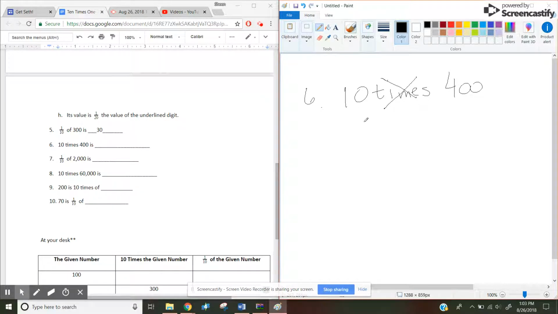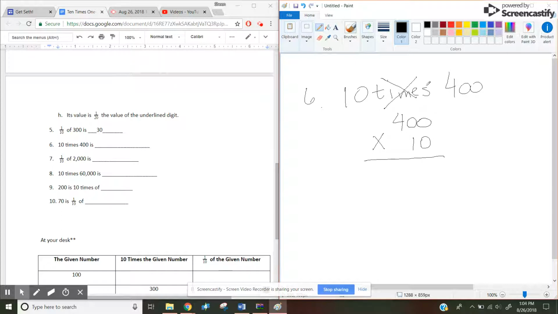So 10 times 400. Now I'm going to put the largest number on top. Then my operation is multiplication, so I'm going to multiply it by 10. I'm going to make sure it's aligned. The 1 is in the tens place and the 0 is in the ones place.